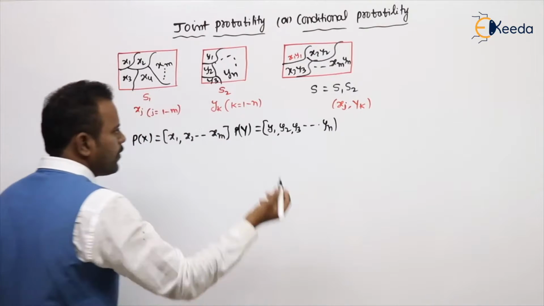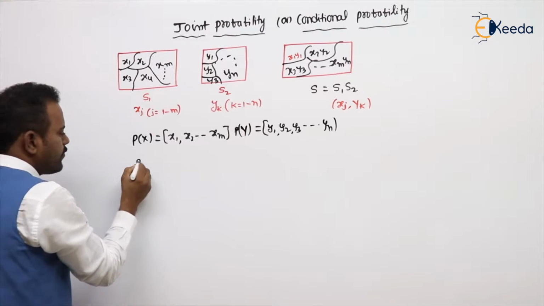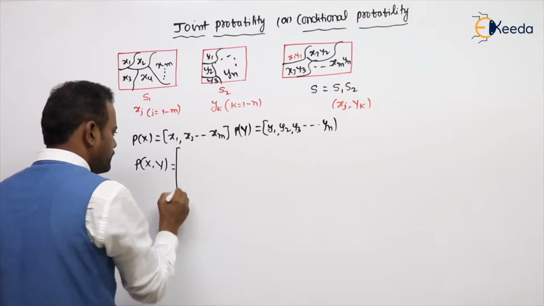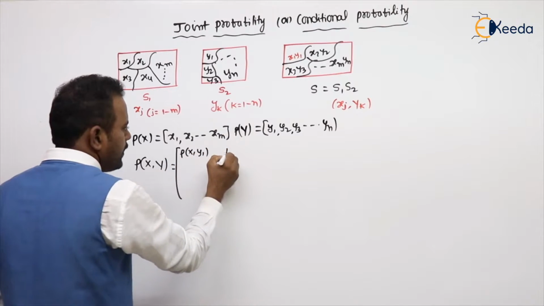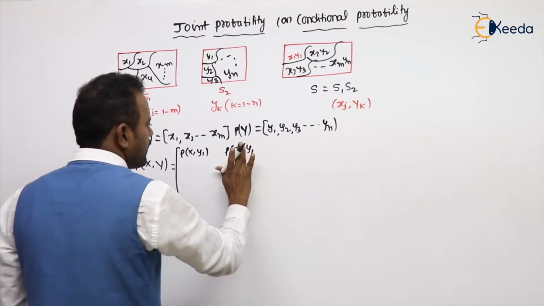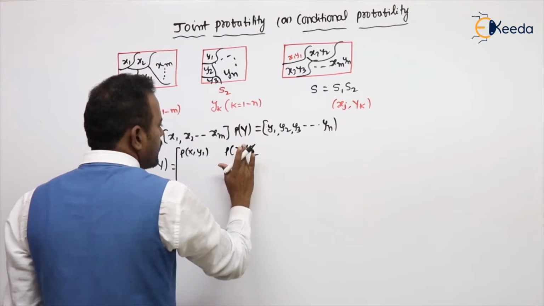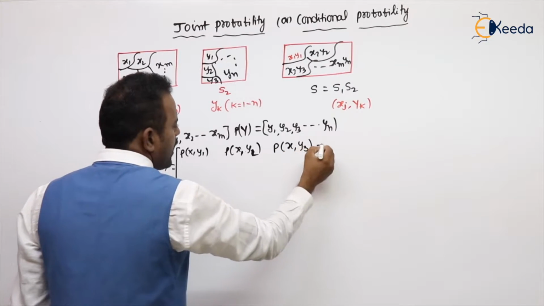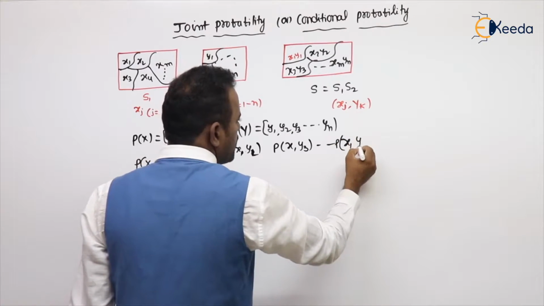Then what is the complete set for S, that is xy? It equals P of x1 y1, P of x1 y2, P of x1 y3, and so on, up to the last symbol, P of x1 yn.